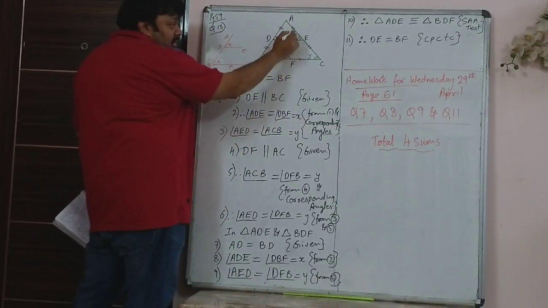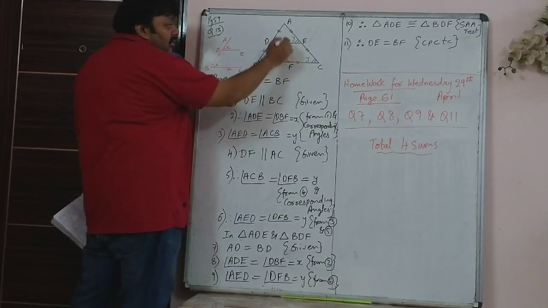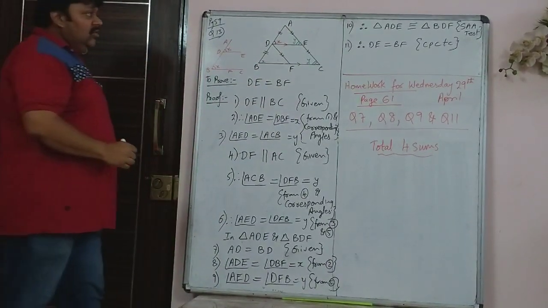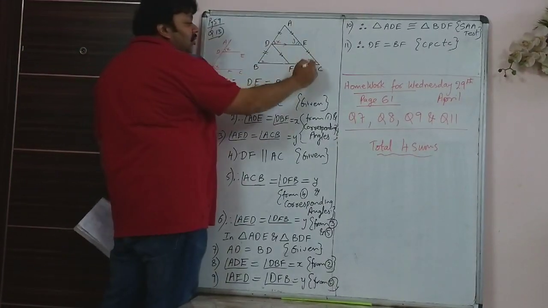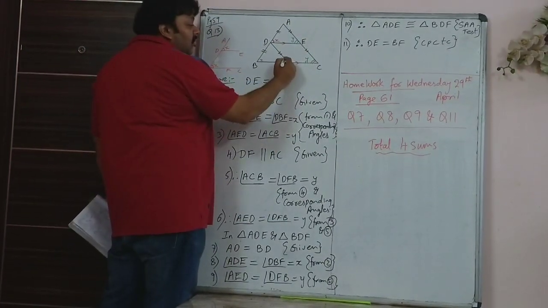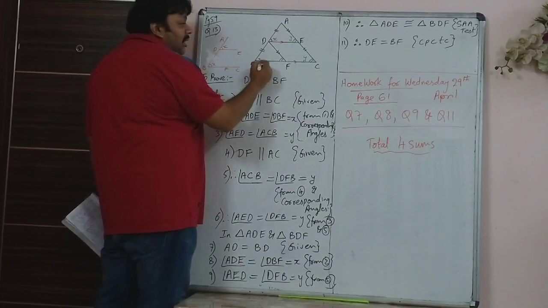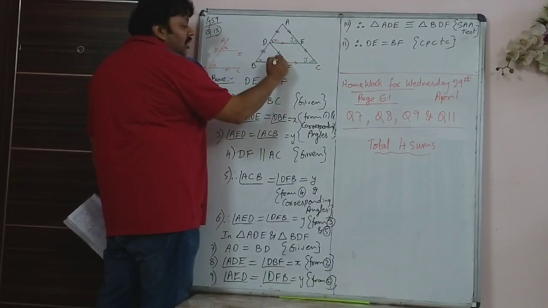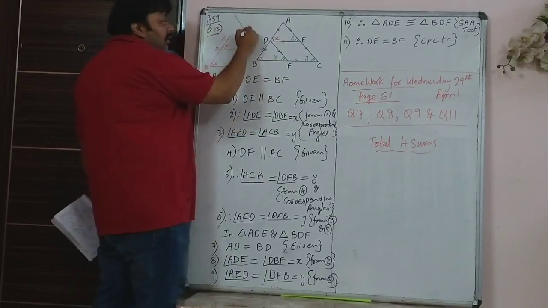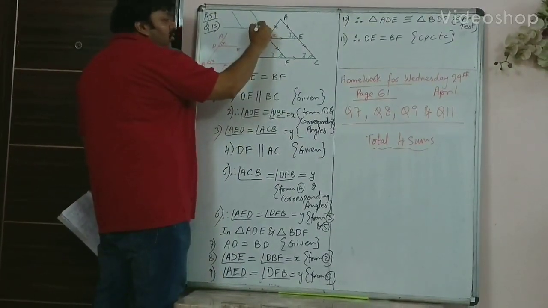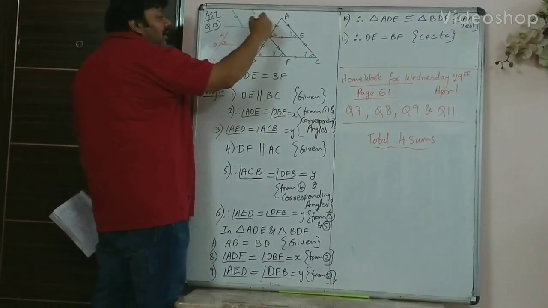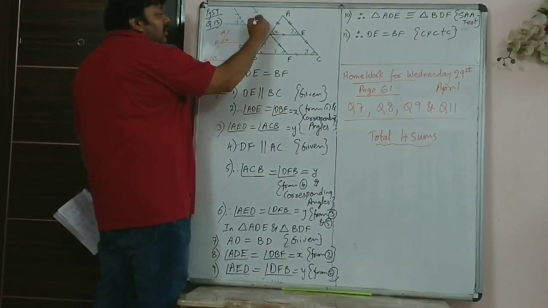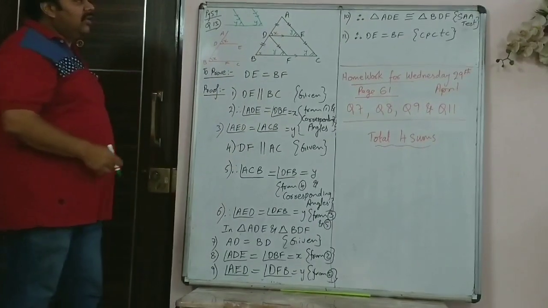This symbol shows that AC and DF are parallel. So because DF is parallel to AC, these two angles, DFB and ACB, will also be corresponding angles. See this? So these two lines are parallel lines, so these two angles are also corresponding angles.